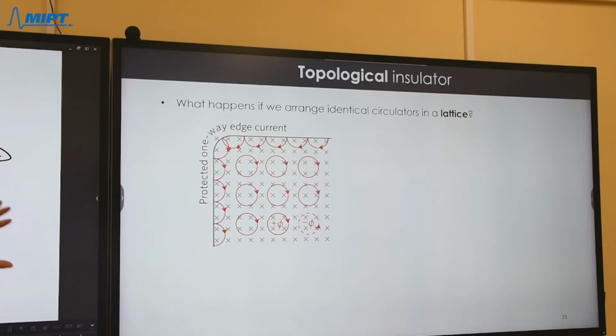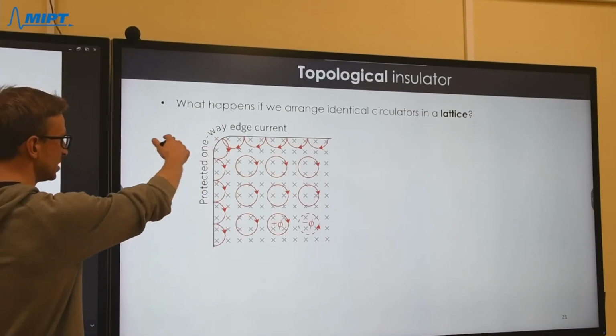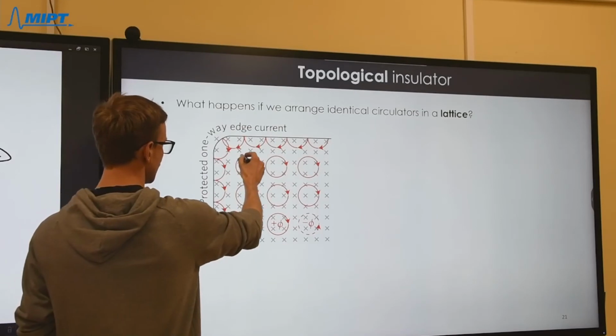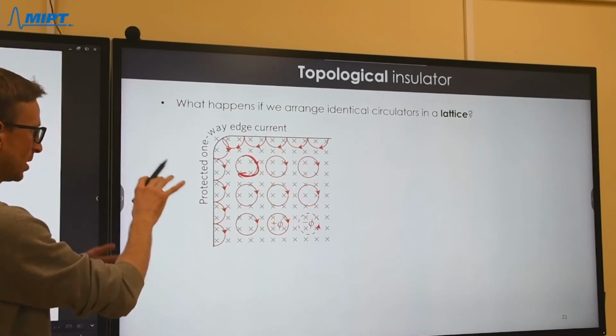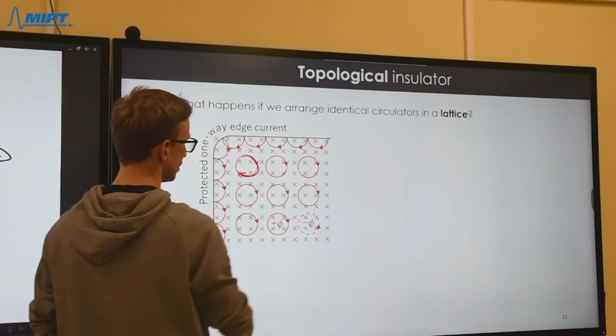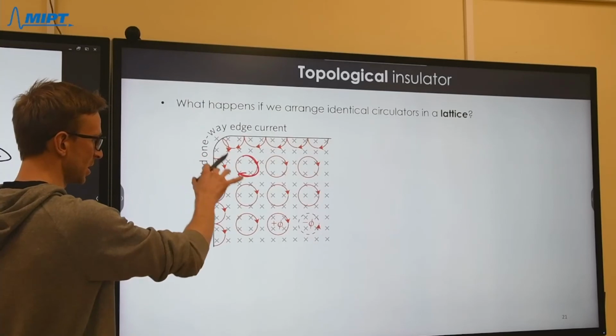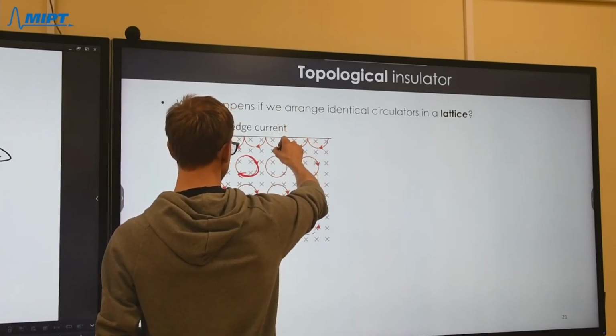Because in every circulator the energy circulates in one direction, this is what's going to happen to electromagnetic energy in the entire system. So this illustrates schematically energy flow in any given circulator. The energy circulates in one direction along the circulator, in this case clockwise, and so it cannot penetrate inside.